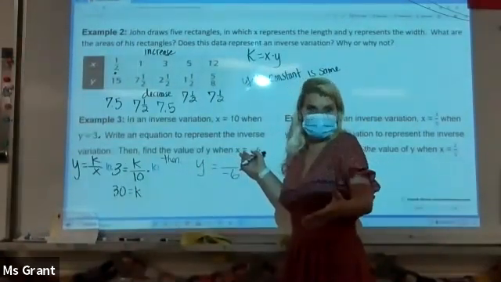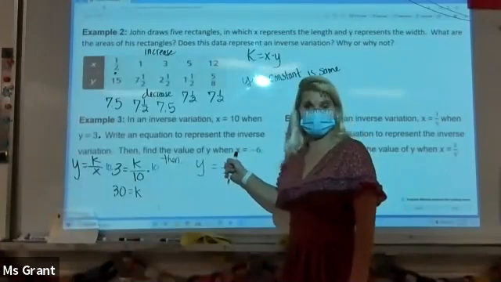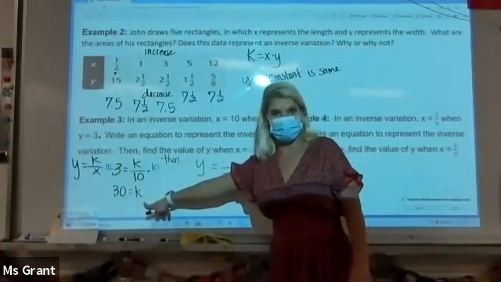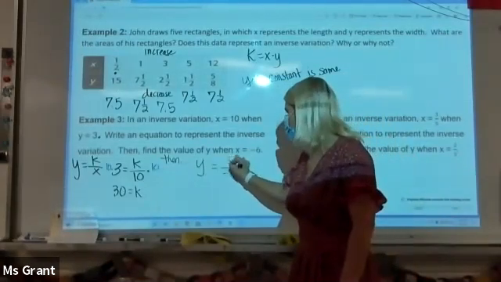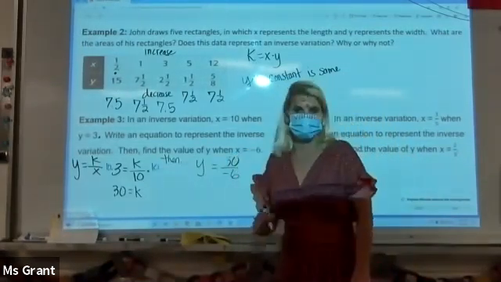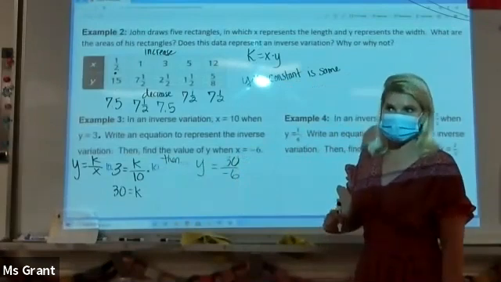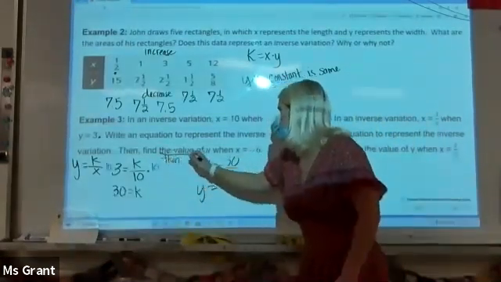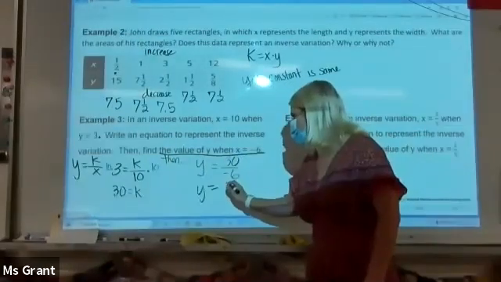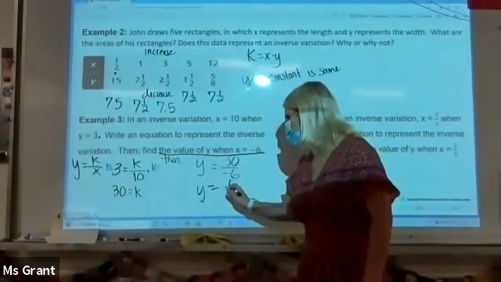Now do the next step. I've just figured out my K is 30. So I'm going to use my K, because otherwise I can't solve this problem at all. 30 divided by -6. My Y value would be -5.